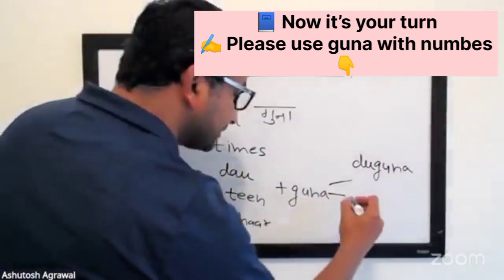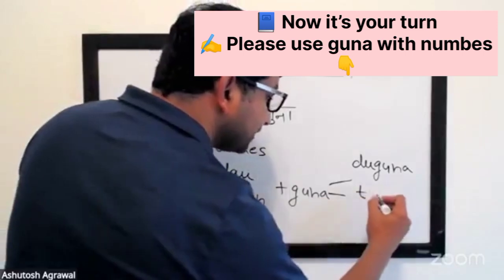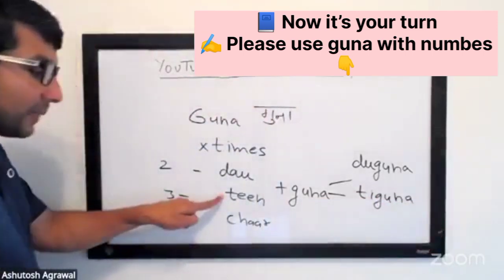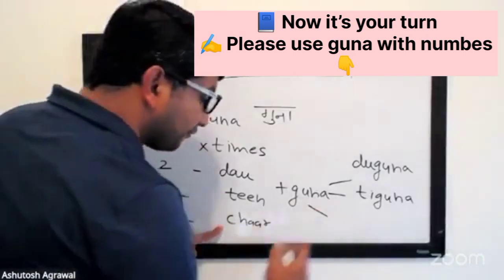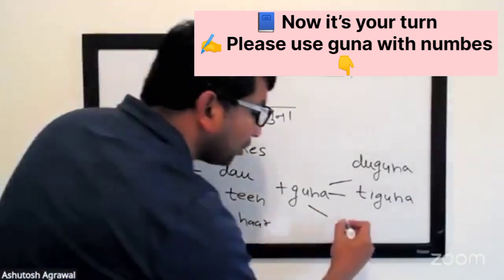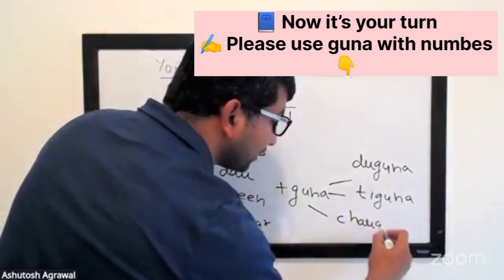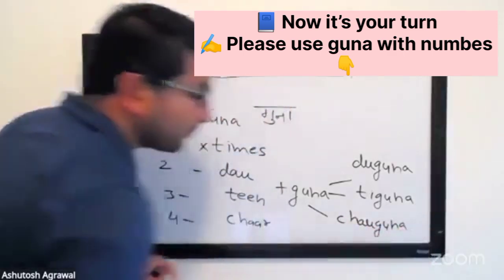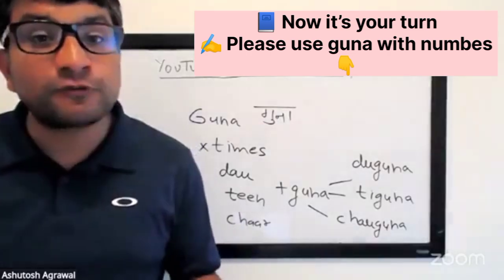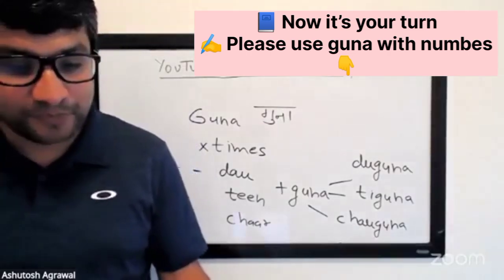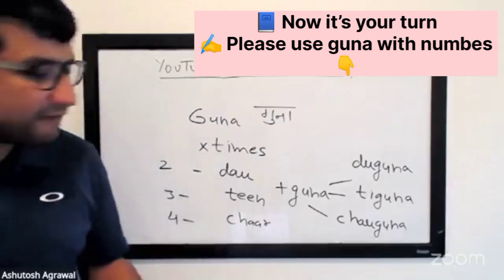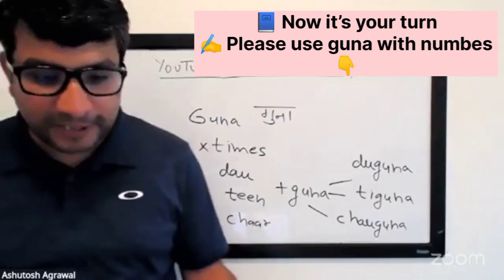Same thing here: you will hear Tiguna or Teen Guna. For 4 you will hear Char Guna or Chauguna, which means 4 times as much. We'll see different examples, but I want to make sure everybody is comfortable with that.